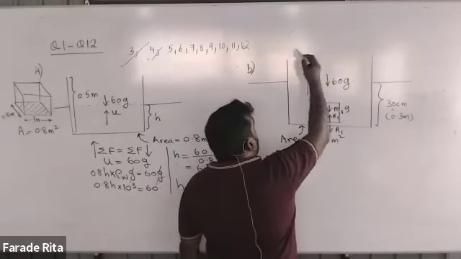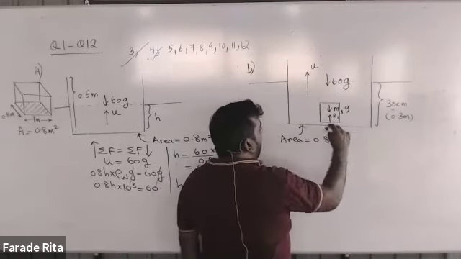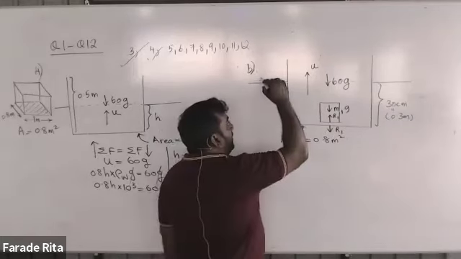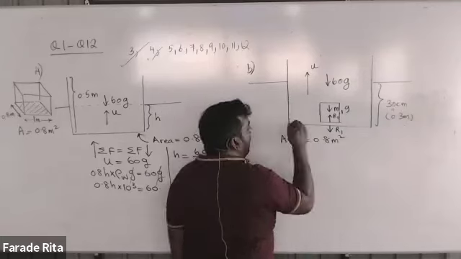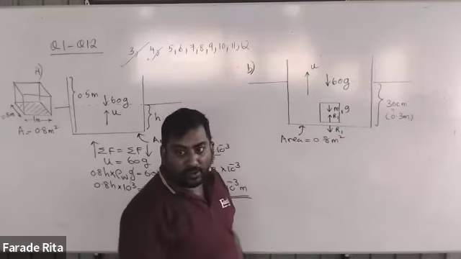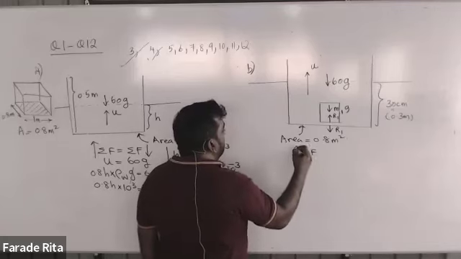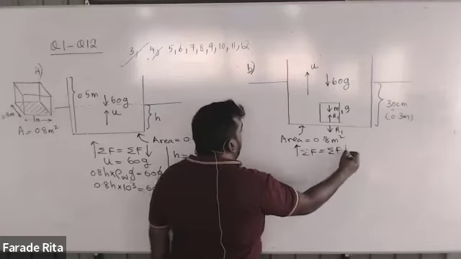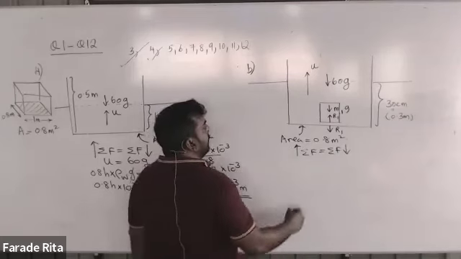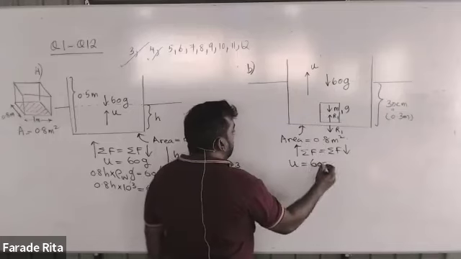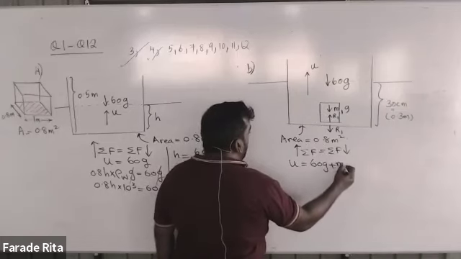Now, if you take the full system, R1 will cancel. Mark the forces, but the sum of forces in the upward direction balances the sum of forces downward. Upward direction only upthrust. Downward direction 60G plus the additional weight M1G.